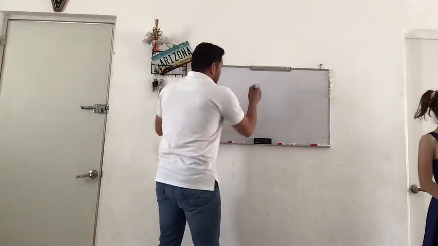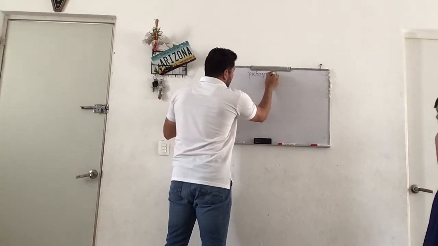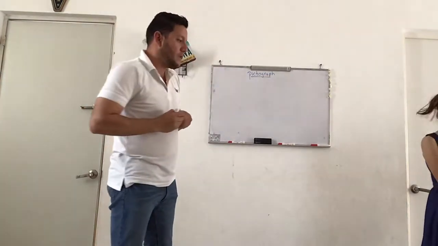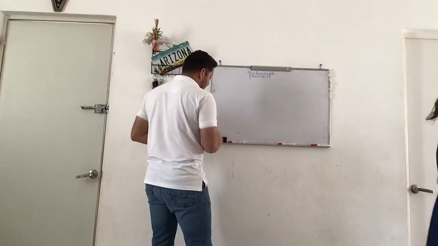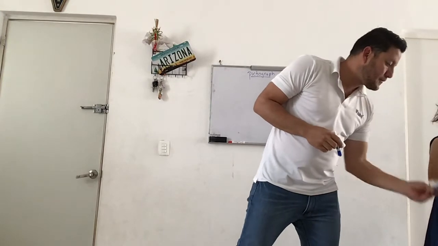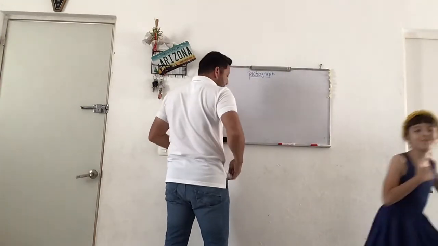We're going to make a pictograph with this information. We're going to be talking about favorite animals. Favorite animals, guys, here.